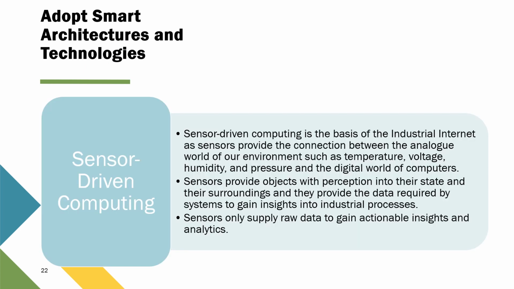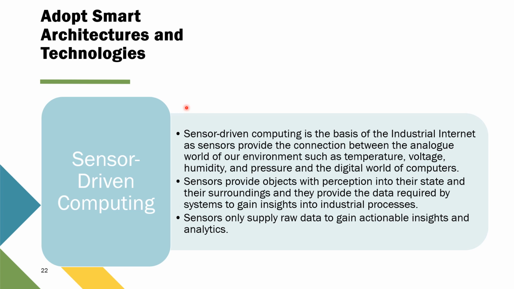Along the way in our lecture previously, we saw how important the sensor is. Sensor-driven computing is very important when we want to make the digital transformation. Sensor-driven computing is the basis of the industrial internet, where the sensor provides the connection between the analog world and the digital way of monitoring our environment.